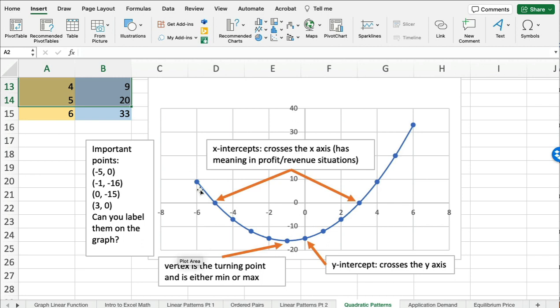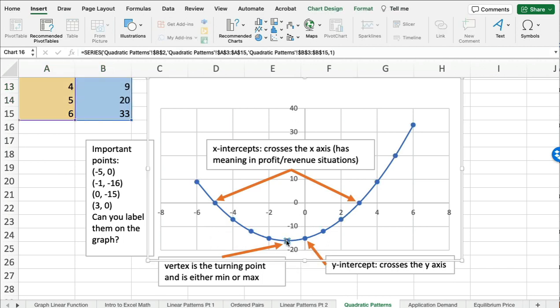This one, though, is limited for x values between -6 and +6, and it just ends there. So we do have 2 endpoints there. The important features are, for our purposes, let's start with the vertex. The vertex is down here at the bottom of the curve.